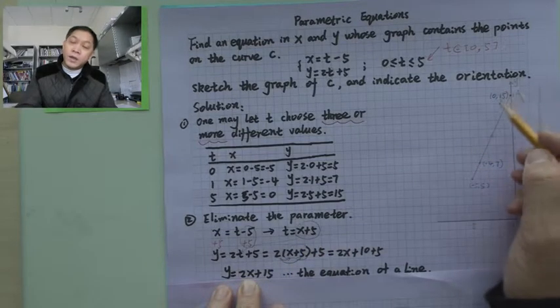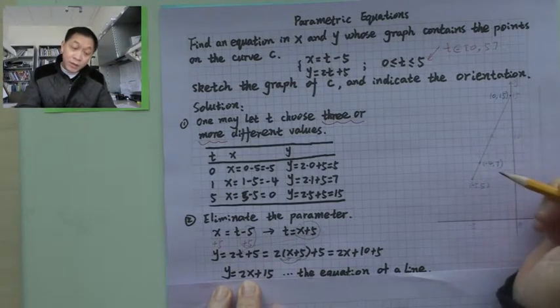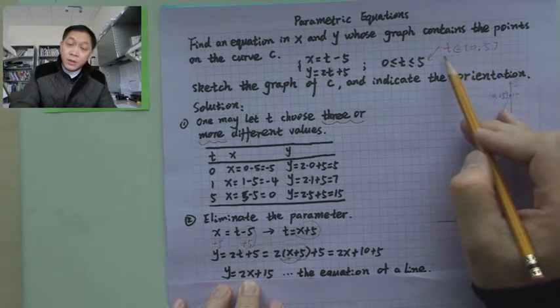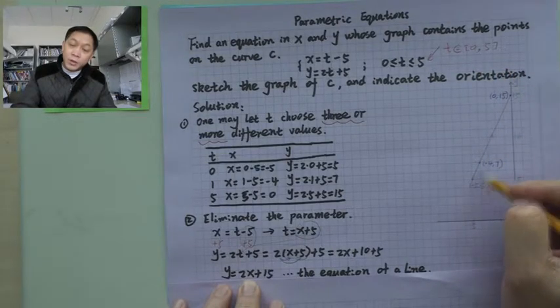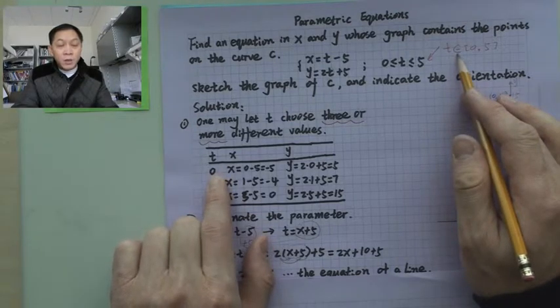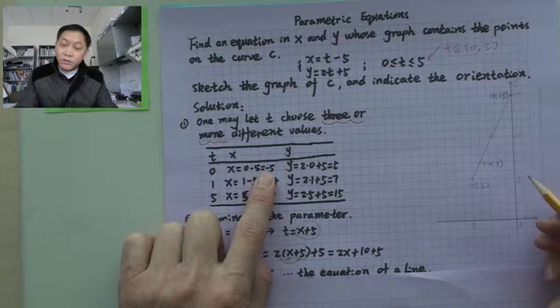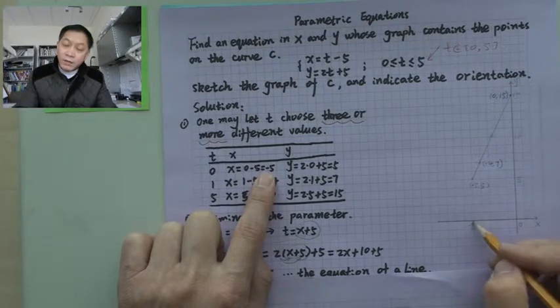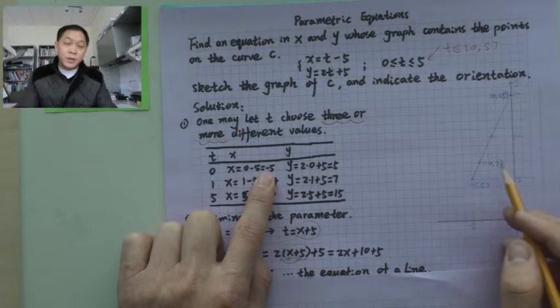And actually this one was a line, but it is really a line segment, because t is restricted from 0 to 5, from this point to this point. If t is 0, then you have x is negative 5, y is positive 5, so it's this point.